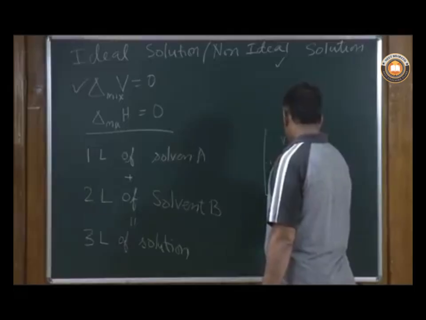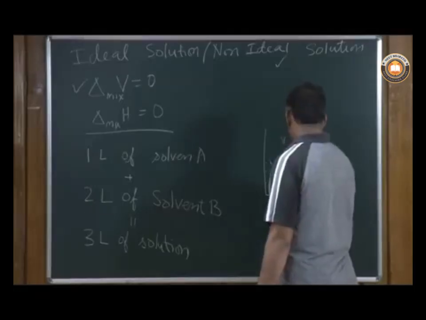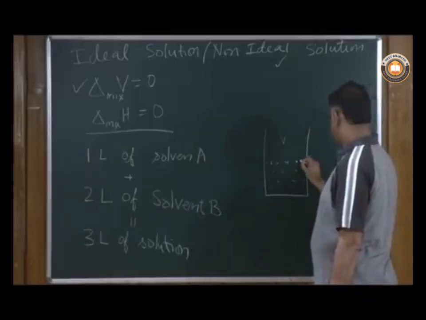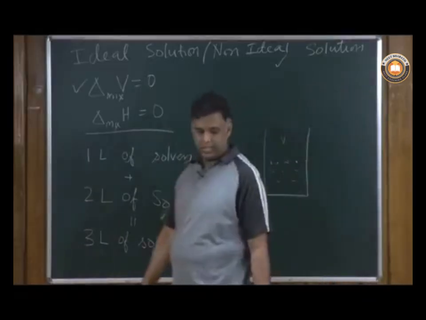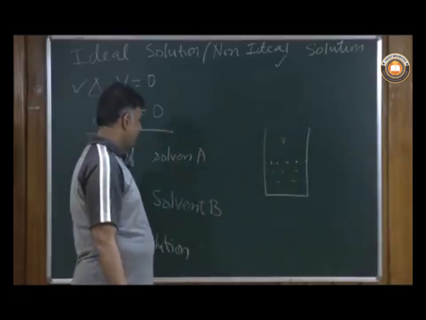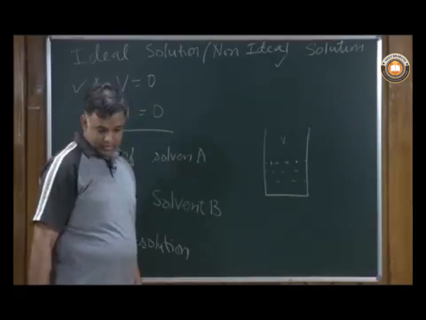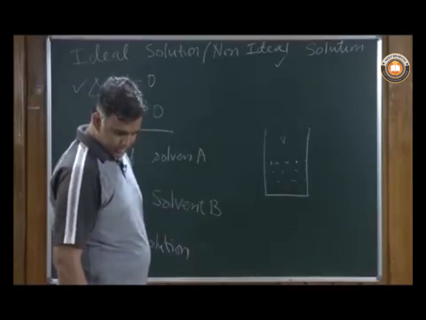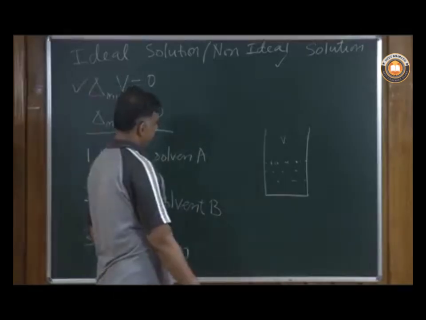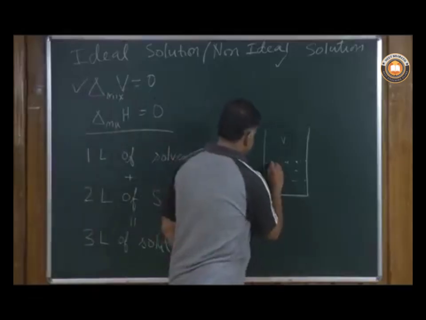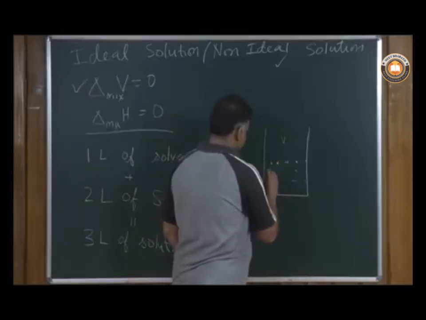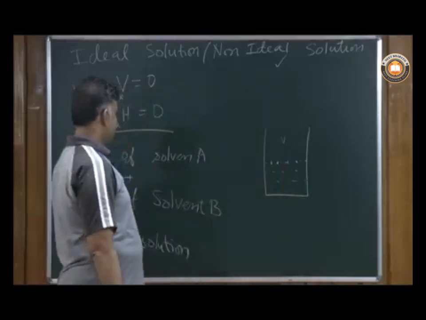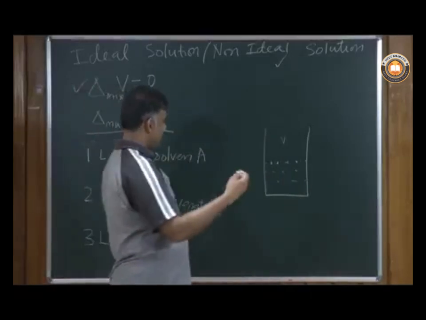Right now, I have only solvent A. Now, to that I am going to add B, but beforehand let us try to understand what is happening. So, there is an interaction between A and A if it is a pure solvent A. Now I am going to add solvent B.